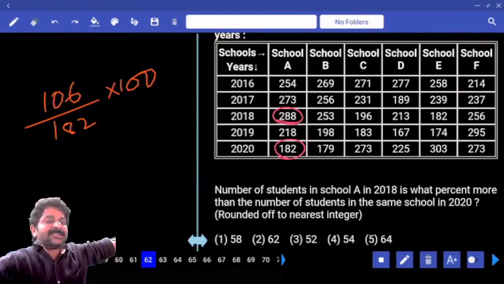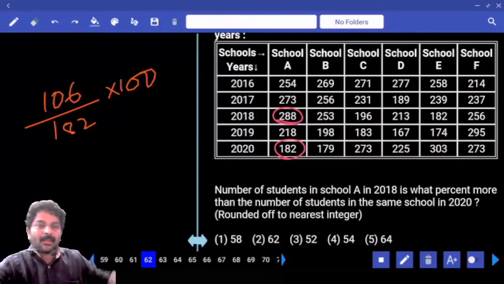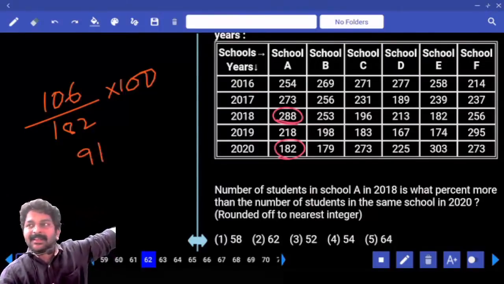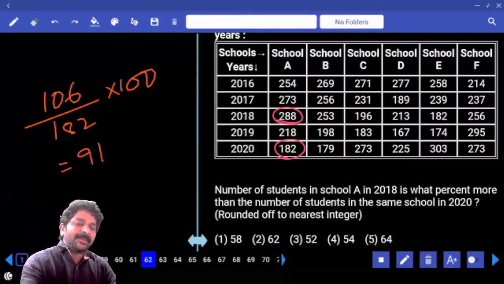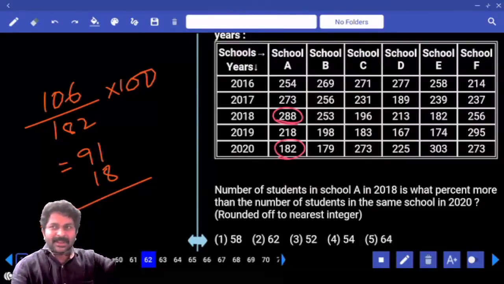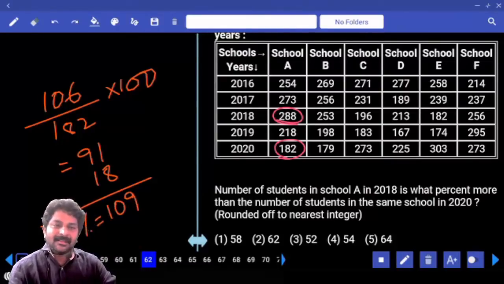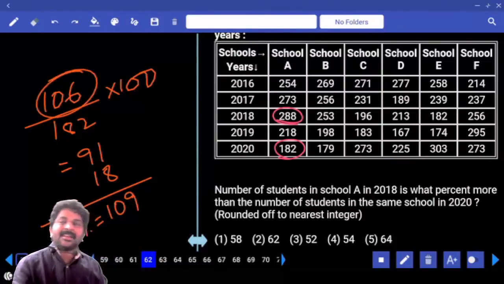Now, what is 50% of the denominator? 90. Our numerator is much more than that. What is 10% of the denominator? 18.2. I need only approximately 18. So that means the 60% value is equal to 109 only. Our numerator is less than 109.